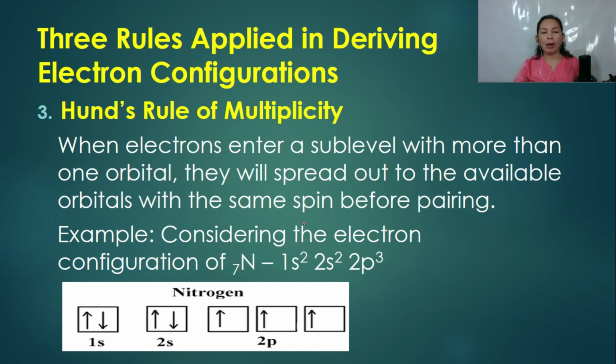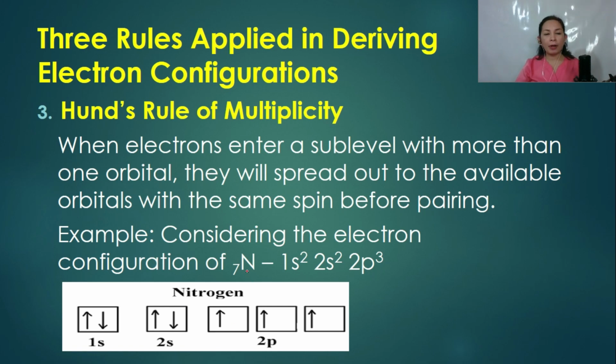So, meaning, when we distribute the electrons, if there are 3 orbitals for p, for d we have 5 orbitals, and for f we have 7 orbitals. In distributing the electrons, we have to distribute one each before pairing, just like when you are playing songka.